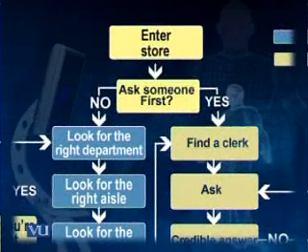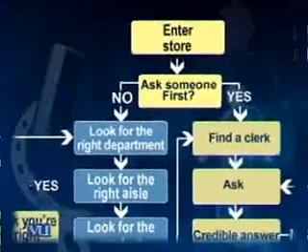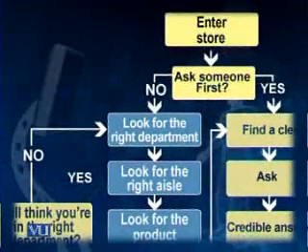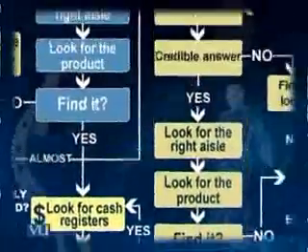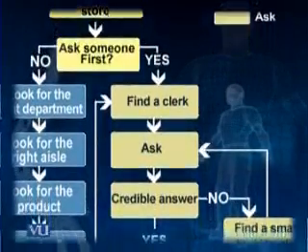So you enter the store, and do you ask someone first or not? If not, if the answer is no, then you go to the original process जो हम पहले देख चुके हैं. And if you decide to ask someone first, then you can then find the staff person, ask, do you get a credible answer?